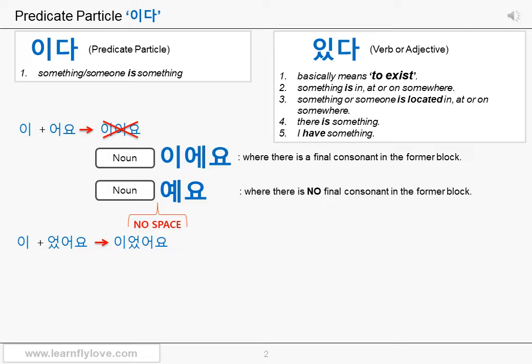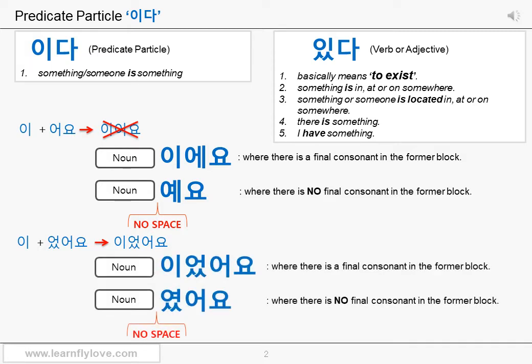But there are still two forms depending on the existence of a final consonant in the formal block. The stem 이 plus the past tense ending 었어요, 이었어요. 이었어요 is used where there is a final consonant in the formal block, and the contracted form 였어요 is used where there is no final consonant in the formal block.